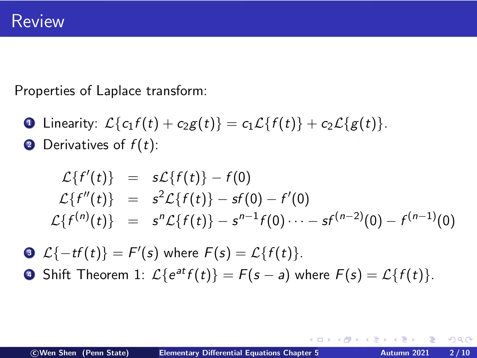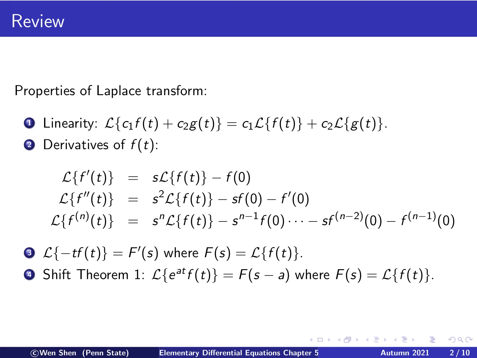Property 2 is about derivatives of f. It says that if you differentiate the function f, it corresponds to multiplying the transformed function by s, with some initial condition.